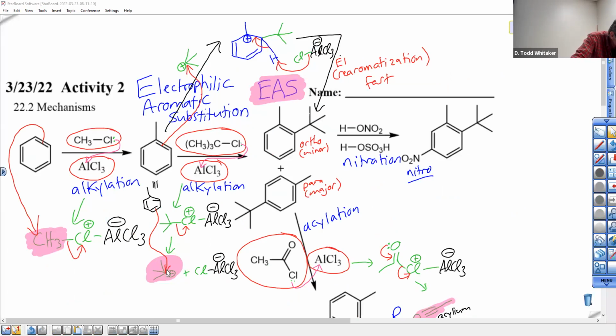We've attacked the cation with the para pi electrons, the pair of pi electrons that were on the para carbon. And what we have here is a methyl on a benzene that still has that pi bond, still has this pi bond.